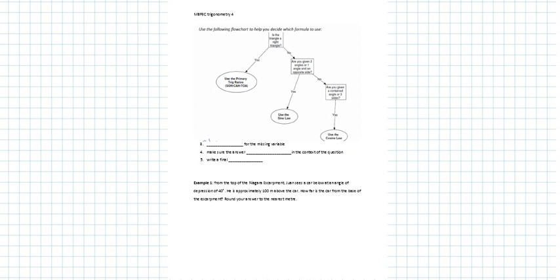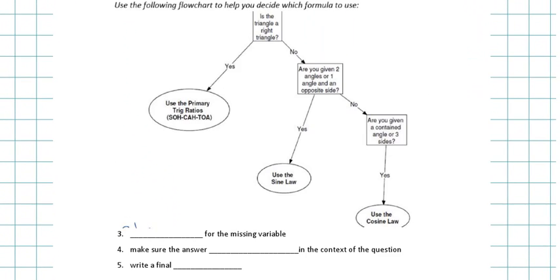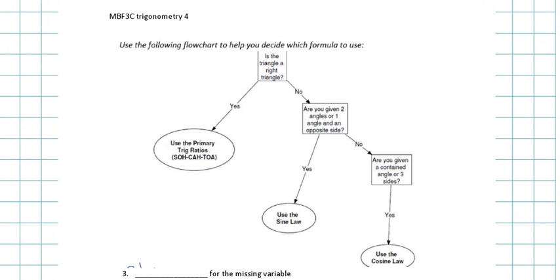Here is the map that I want you to look at. Okay? The first question you're going to ask yourself is, is the triangle a right triangle? If the answer is yes, then you can use the primary trigonometric ratios, which are SOHCAHTOA, or the Pythagorean theorem, which I told you you only use if you have two sides and you're looking for the third.